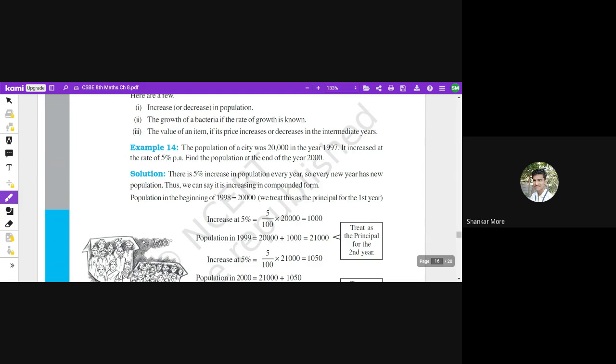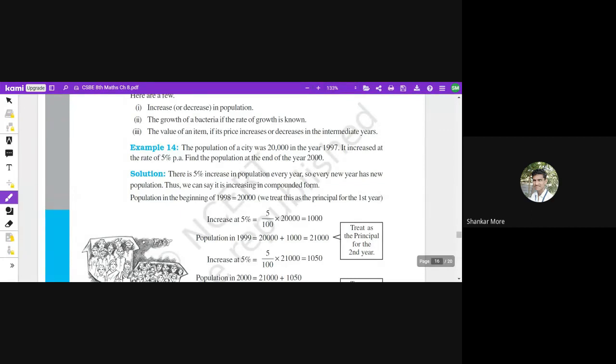The population growth rate is 5% per annum. So it should be SI or CI? Very basic question. It should be CI because see, कैसे 1997 में we have some X amount of population, that is let us suppose 20,000 here. तो 20,000 पे 5% बढ़ेगी.